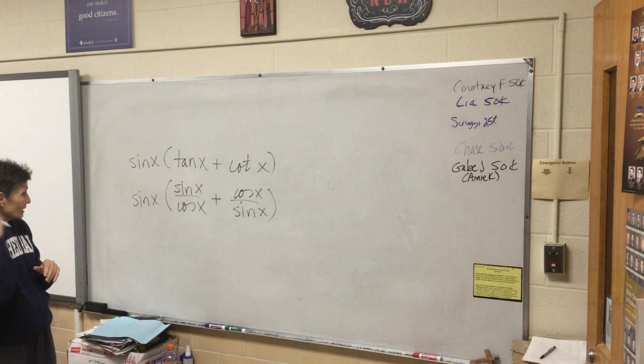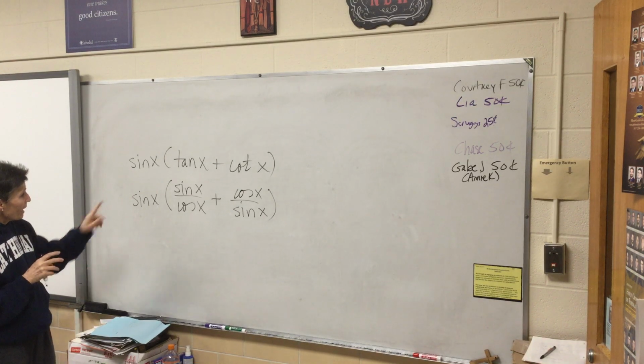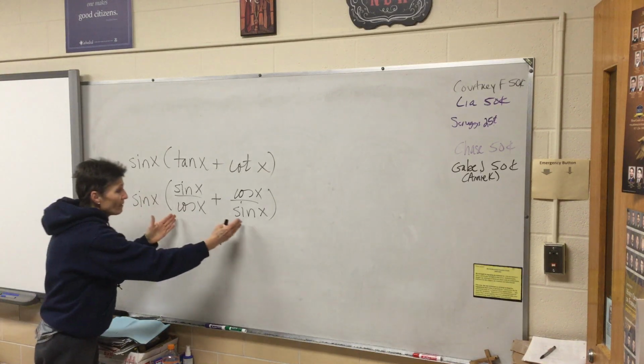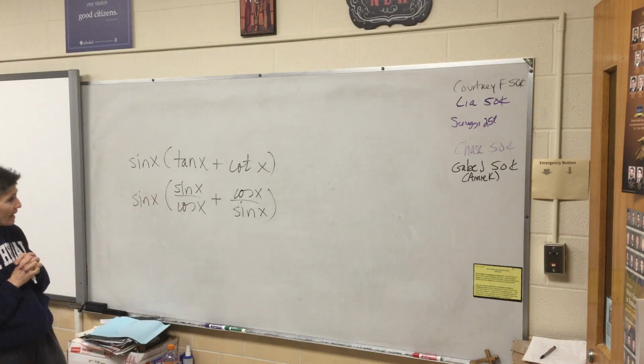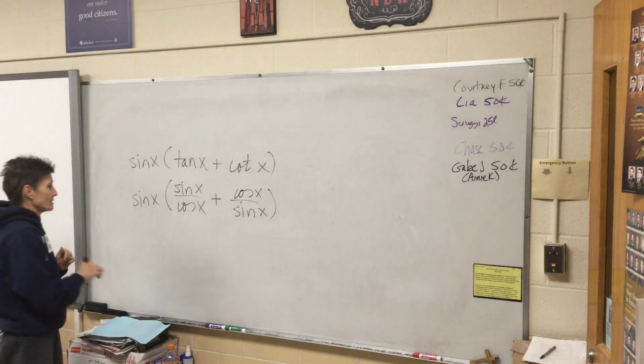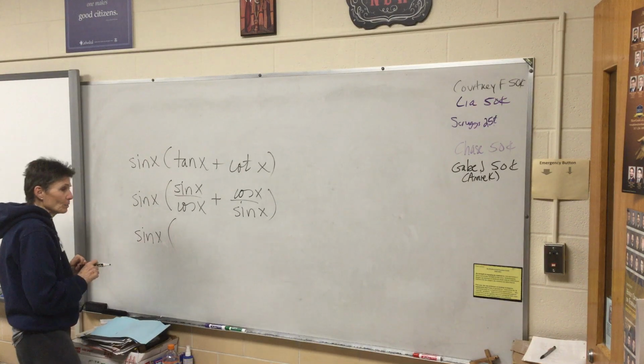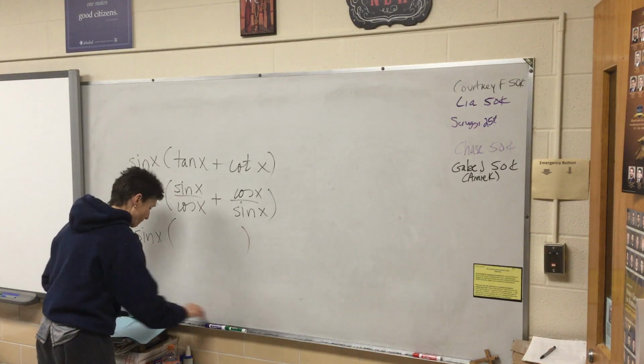Okay. Now let's see, I've got a couple of different options. Obviously, I've got a distributive situation, but I also have two fractions being added. So let's get a common denominator and add our two fractions together.